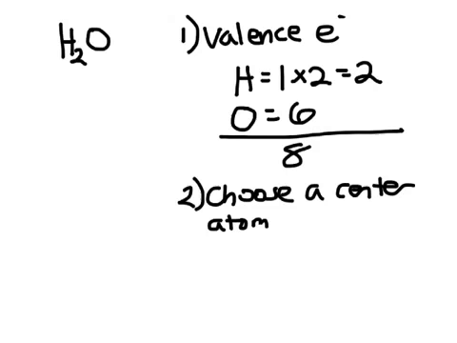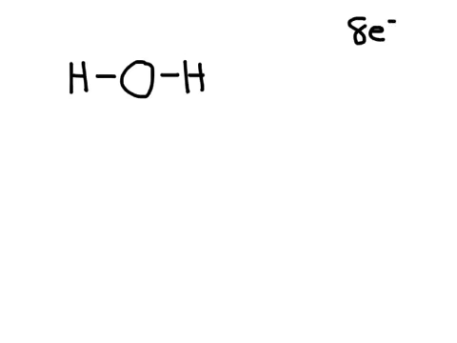So on the next screen I'm going to place oxygen in the middle. So here is oxygen in the middle, and we have our hydrogens around the outside, okay? And now remember I have 8 electrons that I have to place. I have already used 2 bonds, and they are each going to be worth 2 electrons.